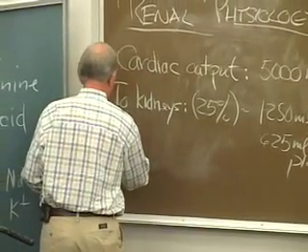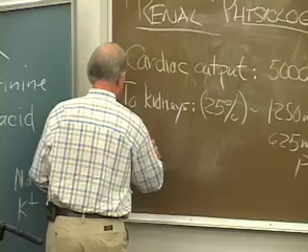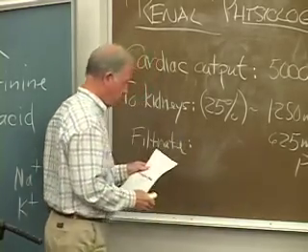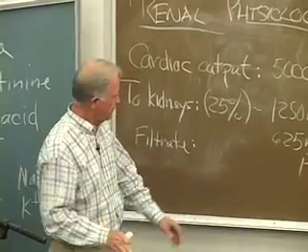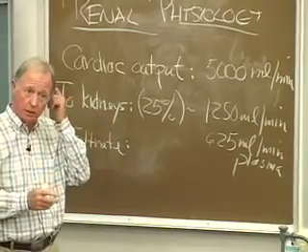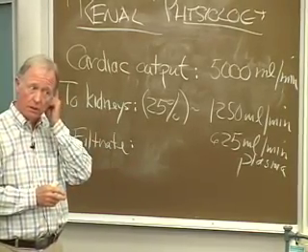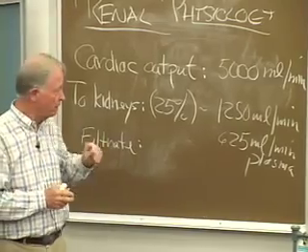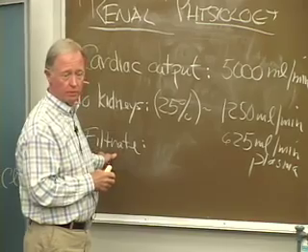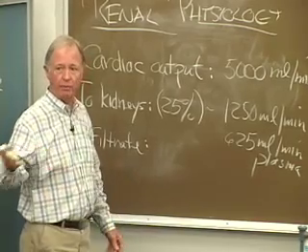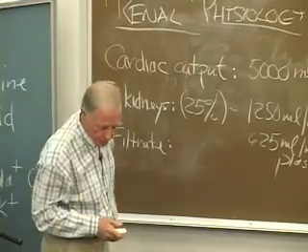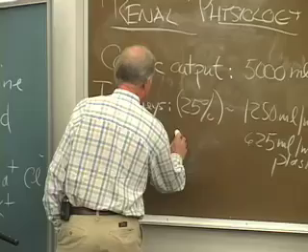Now, so then the next question is, of the 625 mLs per minute of plasma that are entering the two kidneys, how many mLs per minute of this actually ends up in the filtrate? That is, passes out of the capillary systems and gets collected and processed. And it turns out to be 125 ml a minute.